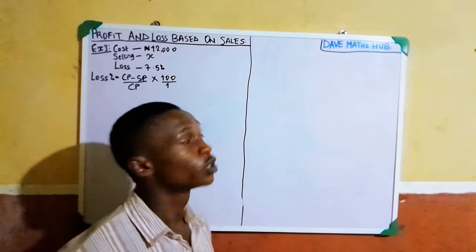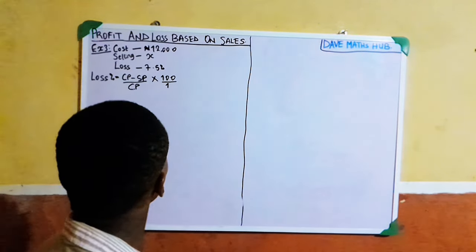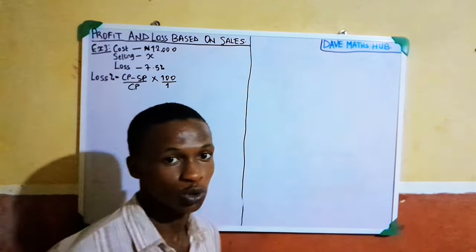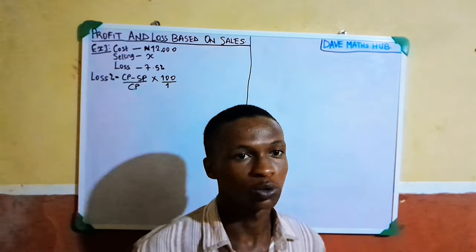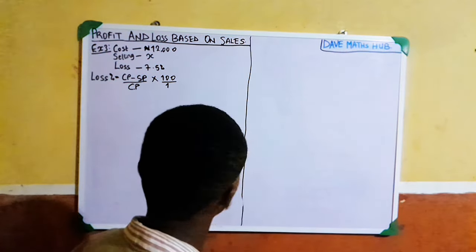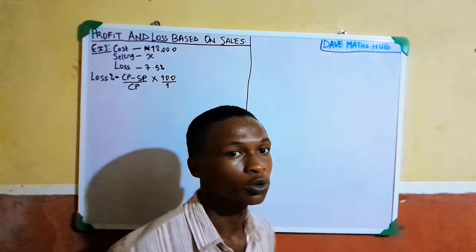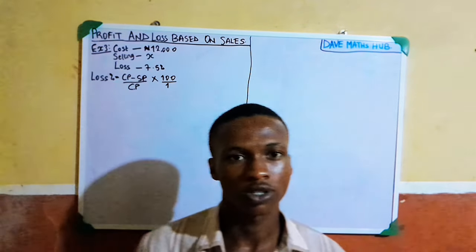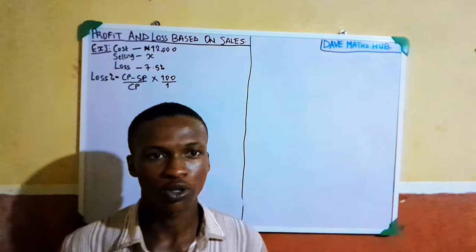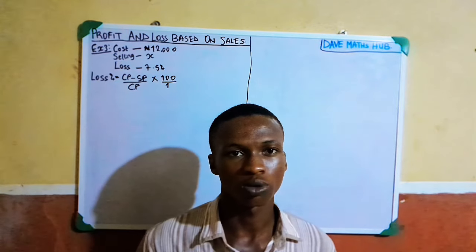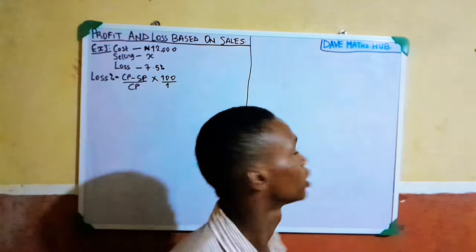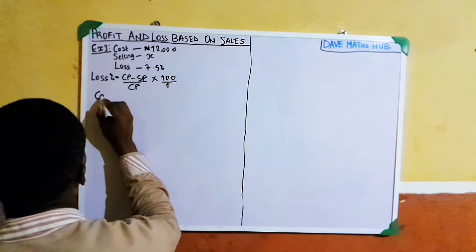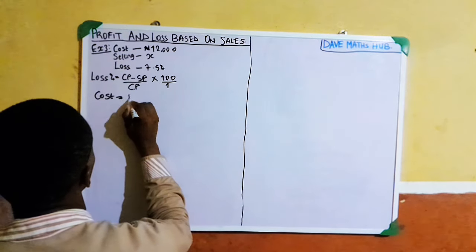Now, we're given the cost of 12,000. Selling price, we're not told. And we're told that we have a loss of 7.5%. Now, cost price is always at 100% because that's the full amount used to acquire the item. Cost equals 100%.